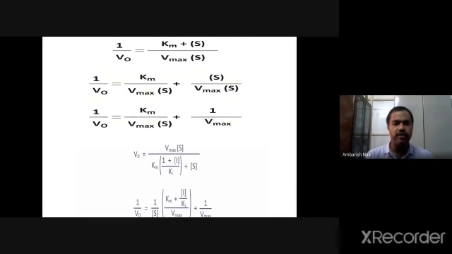Invert that equation as per the Lineweaver-Burk equation. Invert it, like 1 by V naught is equal to Km plus S over what is in the numerator and what is in the denominator. You make it upside down. And convert that into the form y is equal to mx plus c, slope and intercept.